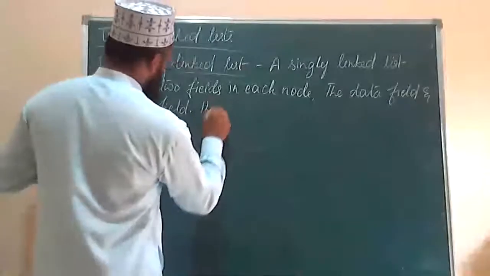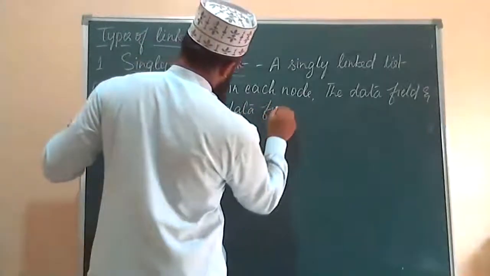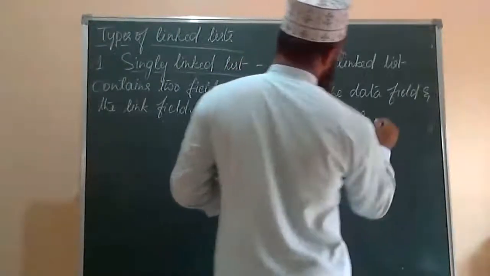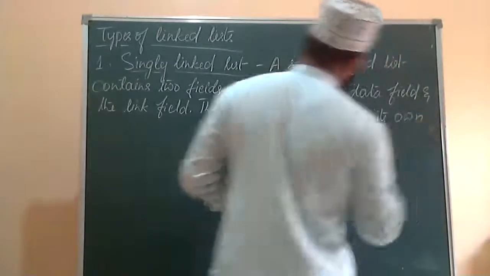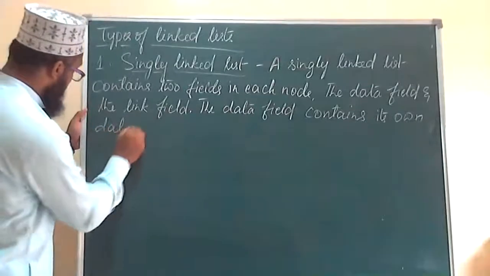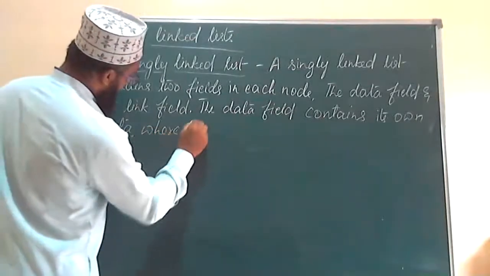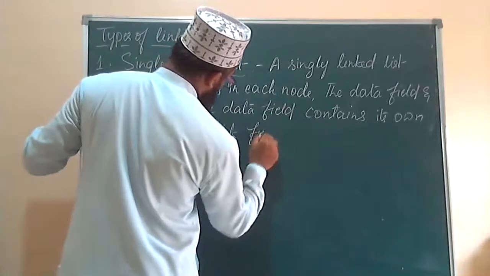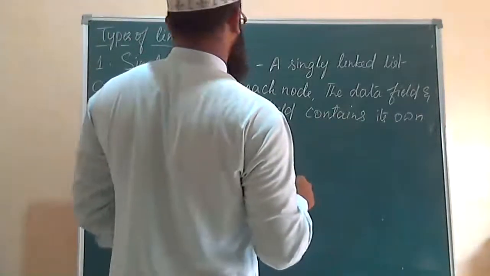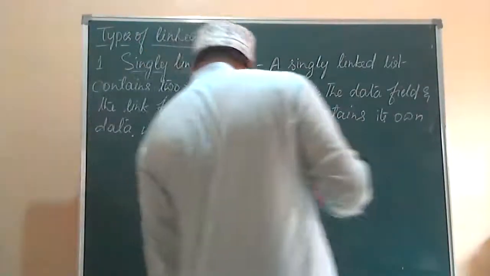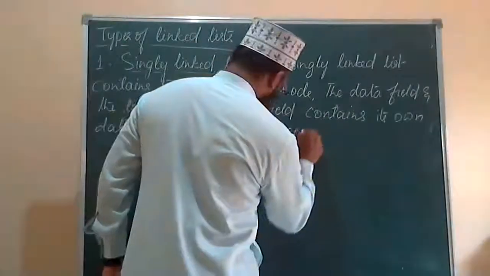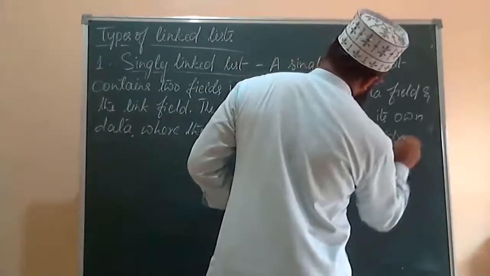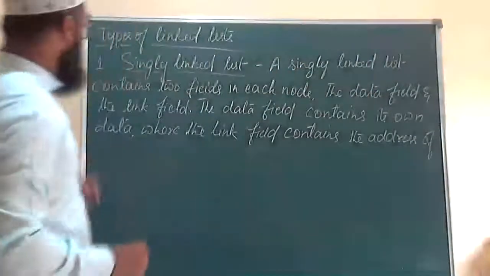The data field contains its own data, whereas the link field contains the address of the next node.